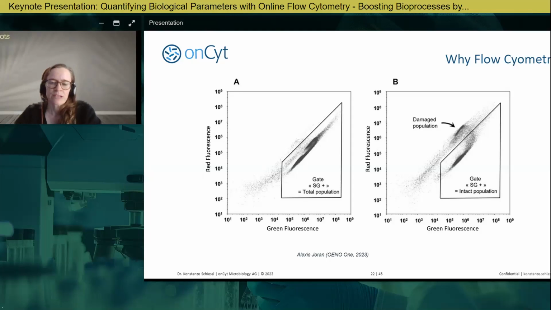For every staining assay, there's a logic behind it, and then there's a logic in how you gate, so how you separate these different populations. This, I think, is one of the parts that's a bit hard about flow cytometry. You need to make sure you have good controls and you understand how to run the sample. But once you've set it up well, to automate and repeat this is very easy and fast.